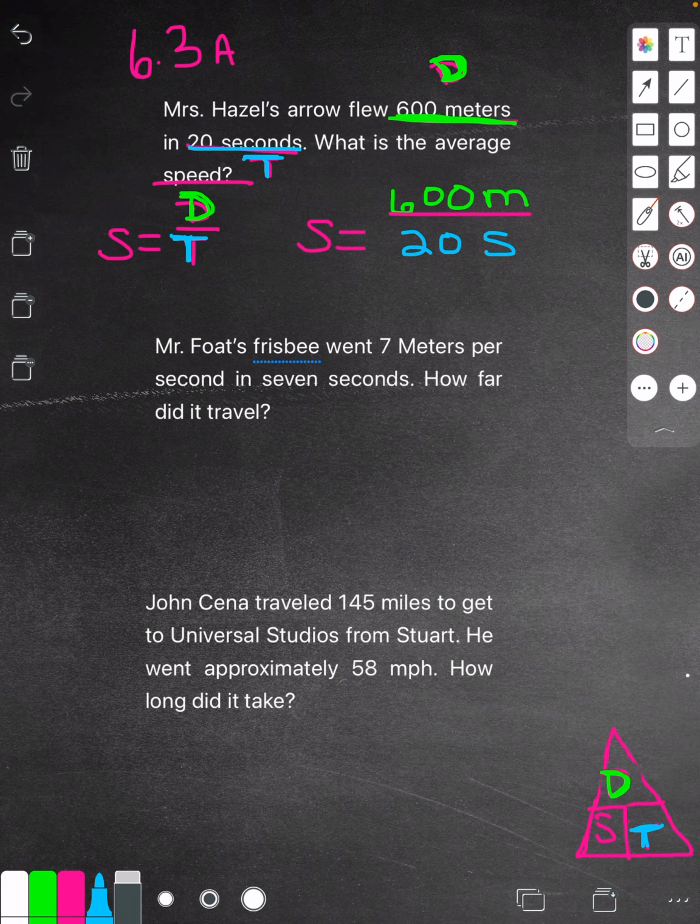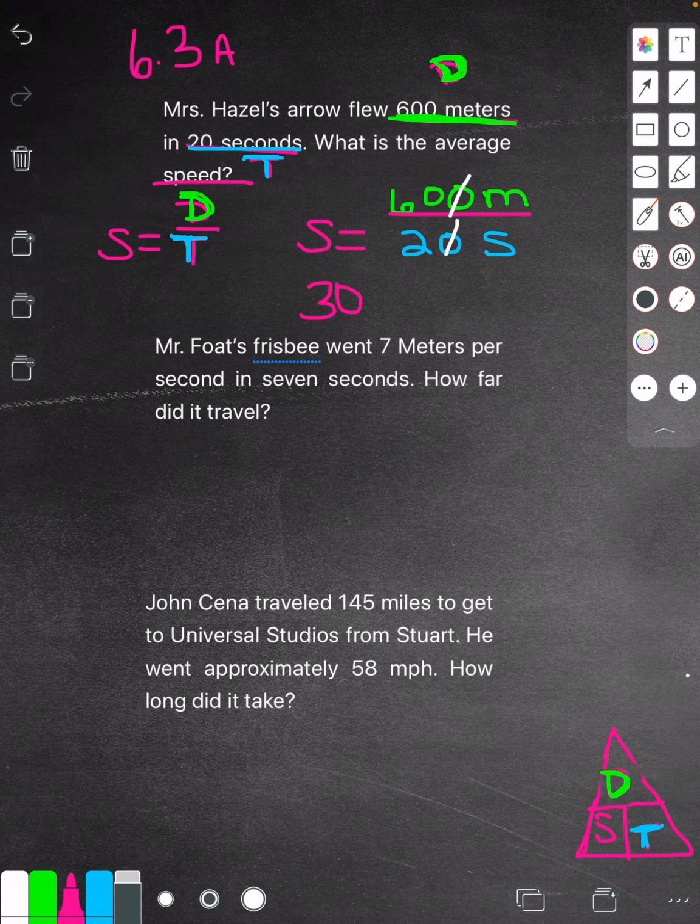600 divided by 20. Fun fact, I'm going to show you something really quick. If you have a 0 at the end of your number, on the denominator and on the numerator, you can pretend they're not there. So my new problem looks like 60 divided by 2, which I know is 30.